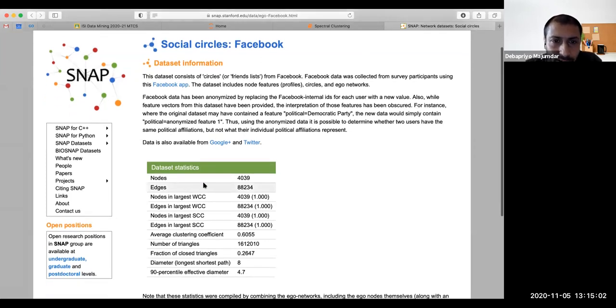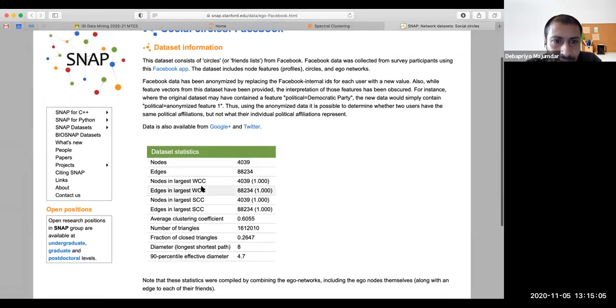They also say how many nodes, how many edges, nodes in the largest WCC, then average clustering coefficient, number of triangles, which is quite large, and so on. Fraction of closed triangles. Okay, closed triangles, we haven't really talked about that. Then diameter, longest shortest path.